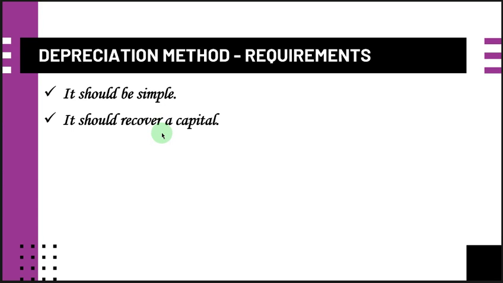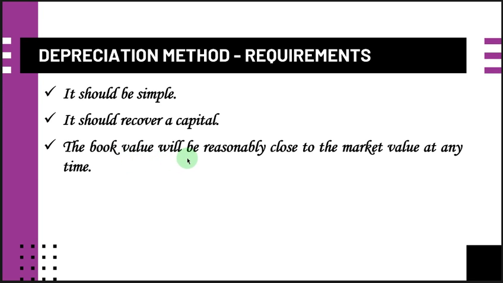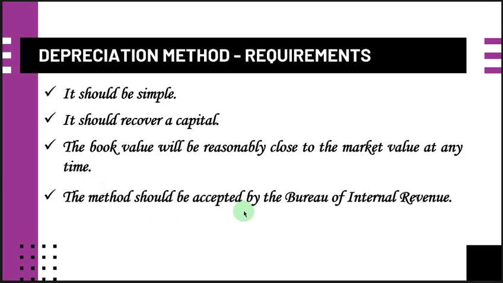If possible, you have to gain or even recover your capital for your business to flourish. Okay, we have here the book value will be reasonably close to the market value at any time. And then the method should be accepted by the Bureau of Internal Revenue or our BIR. And these are just four simple requirements for our depreciation method.